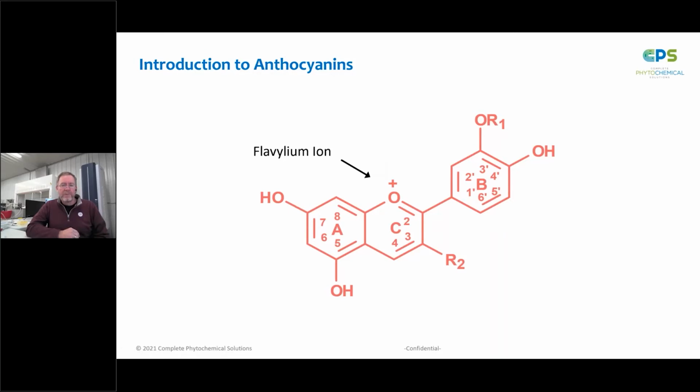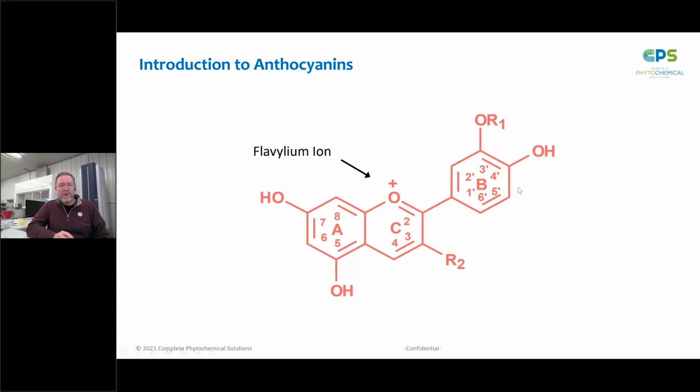And this is important because in the MALDI environment, we're going to be analyzing in reflectron positive mode. So this class of compounds will be detected as the actual mass of the compound because this positive charge is inherently a property of an anthocyanin.